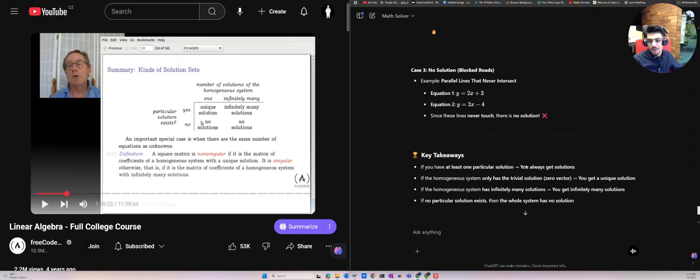Key takeaways. If you have at least one particular solution, you always get a solution. If the homogeneous system only has the trivial solution, the zero vector, we get a unique solution, which is one solution.